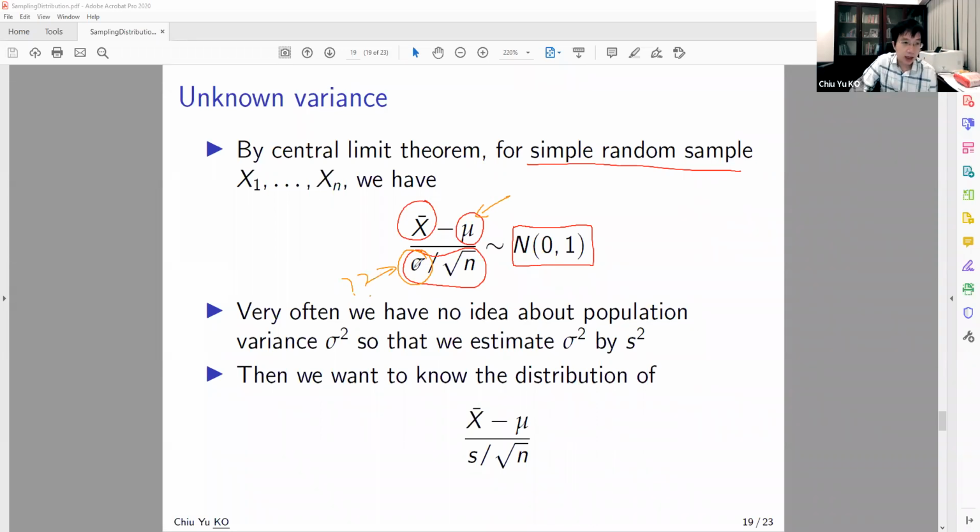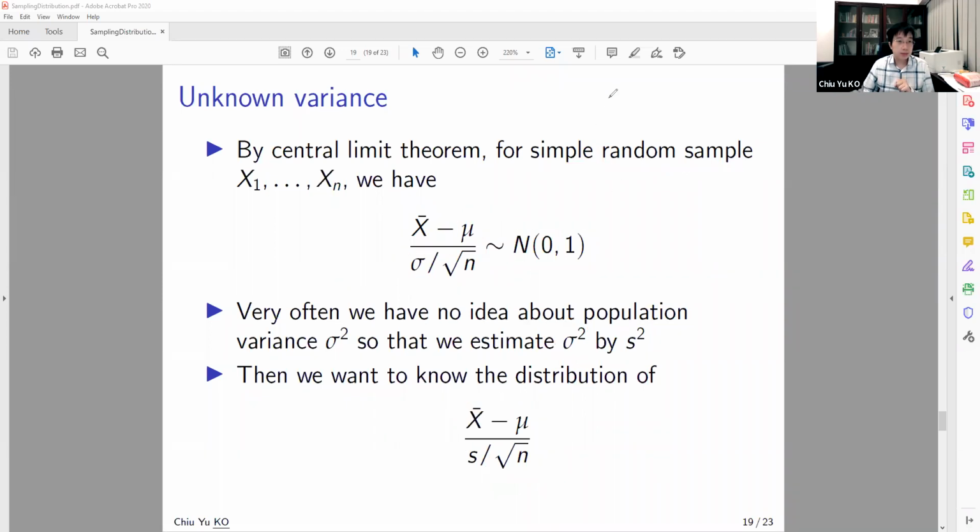Very naturally, we often want to use the sample variance to replace the population variance. So the question is, instead of having this, what about this one? What happens if we use it instead of sigma, because we don't know sigma? This is the main question here.